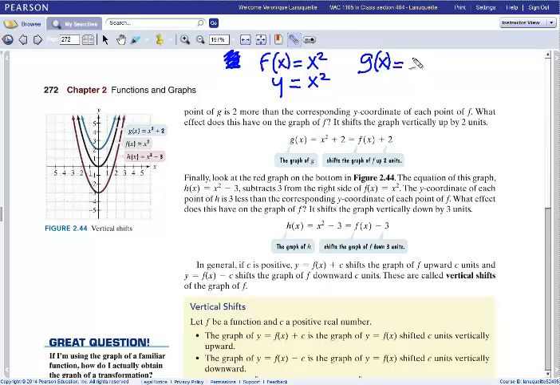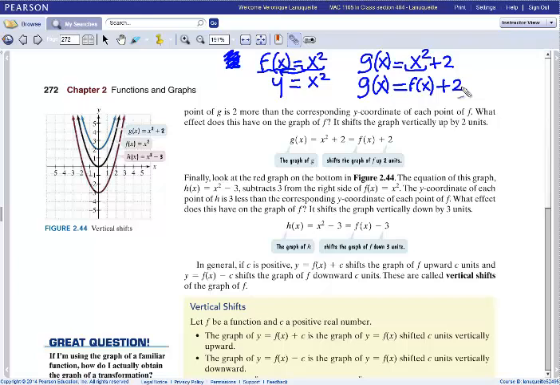which is x squared plus 2, another way to write g of x would be that g of x is equal to, remember x squared is what we agreed to call what? F of x. So instead of x squared, put f of x. And then you're still adding 2 to that f of x to get g of x.